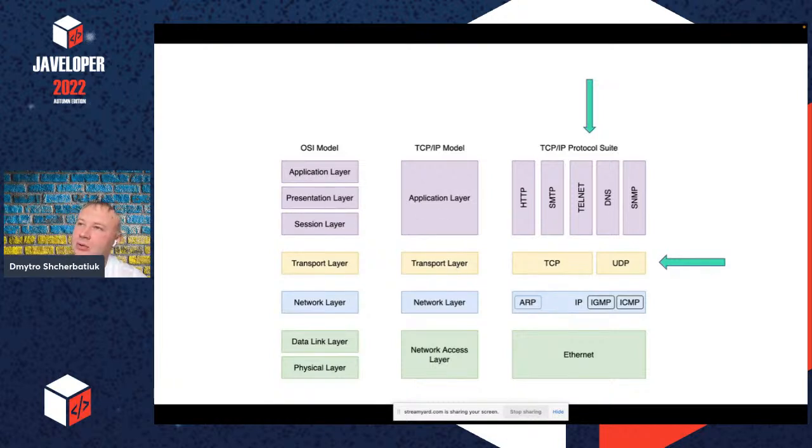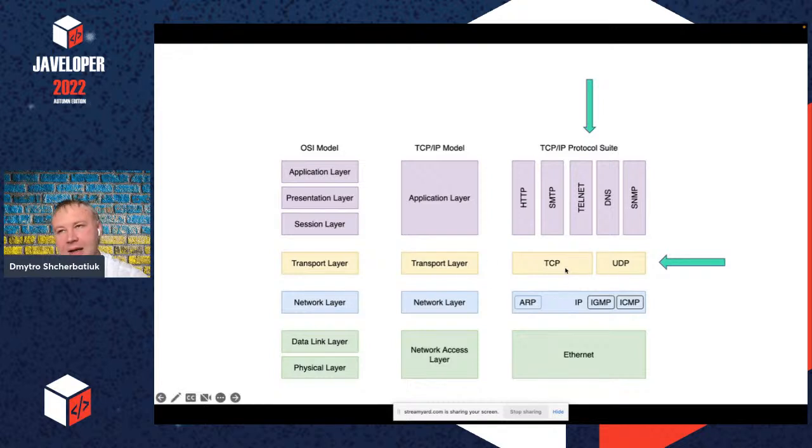To get access to every layer, we have several types of sockets. We will be discussing socket types a little bit later. So, for example, a couple of words about the network layer. On the network layer, we know about IP addresses. We don't know anything about ports.